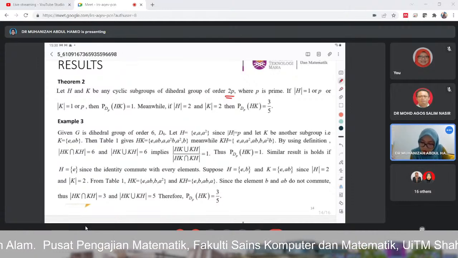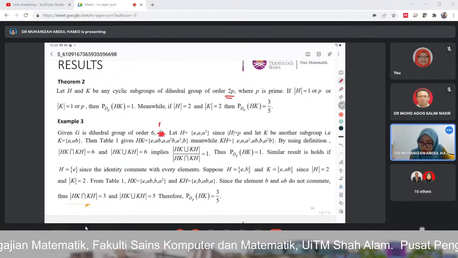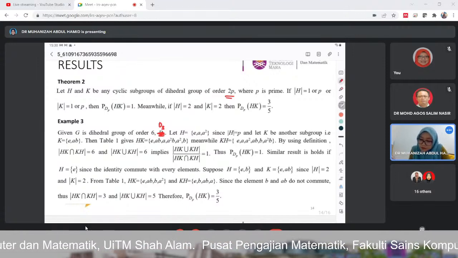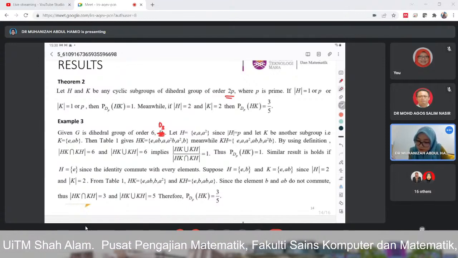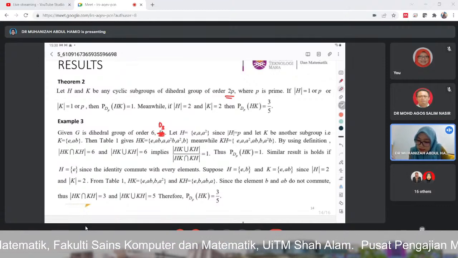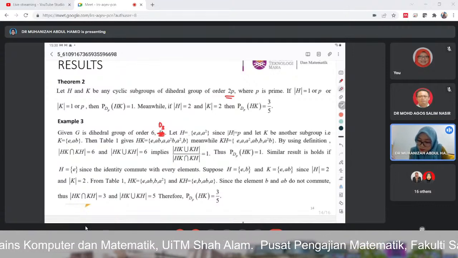So we consider the same group as in our previous example. This is D3, the group of order 6, and let's say we consider H as p.